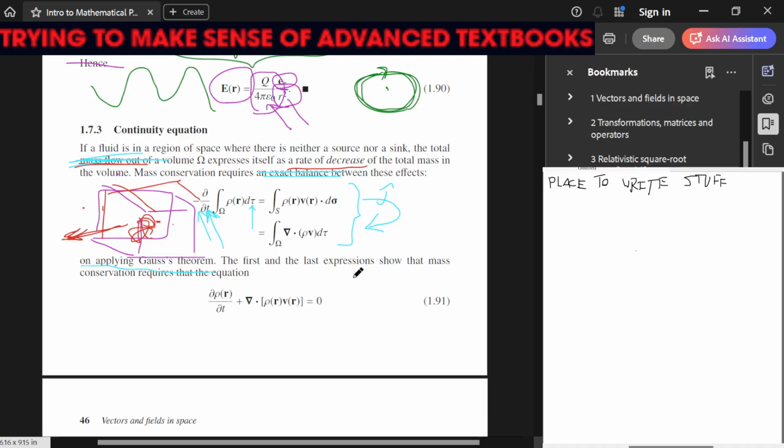The first and last expressions, I assume this is the first, and this is the last. Show that mass conservation requires that the equation equals 0. Okay.